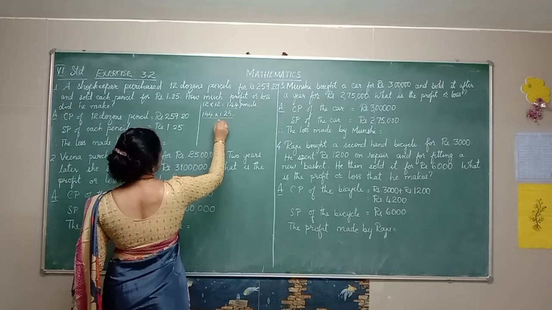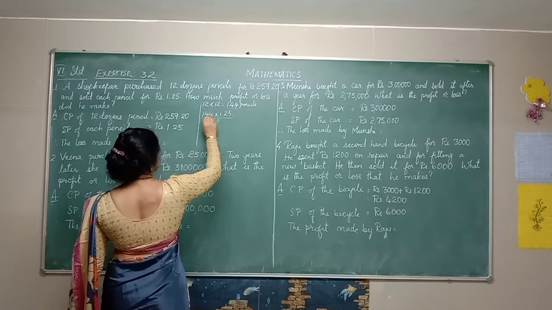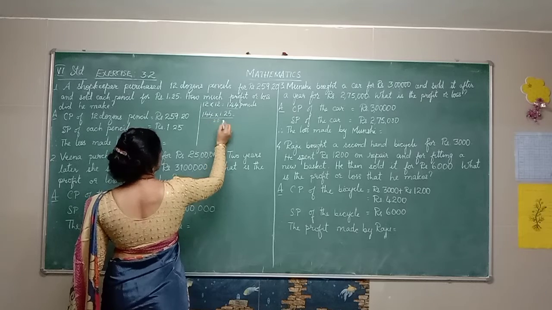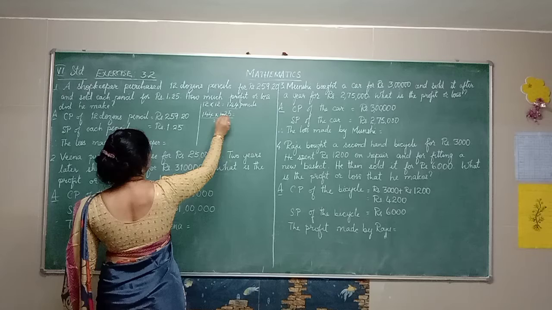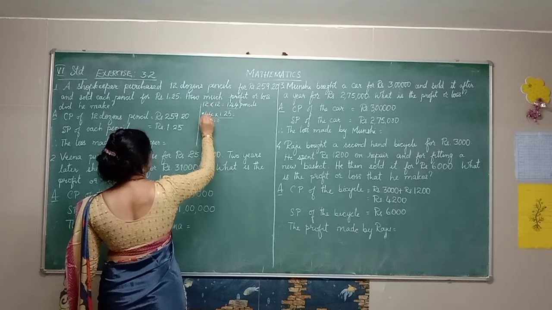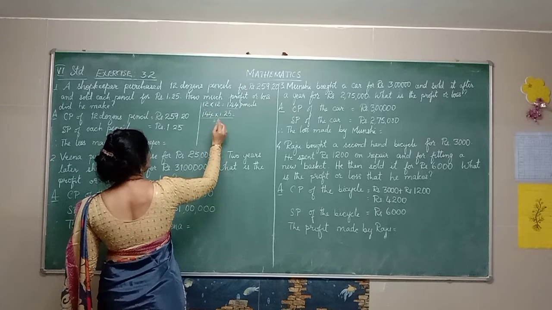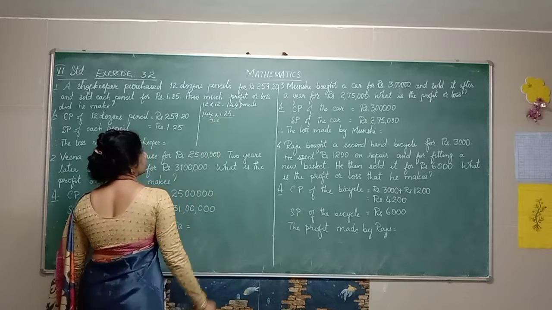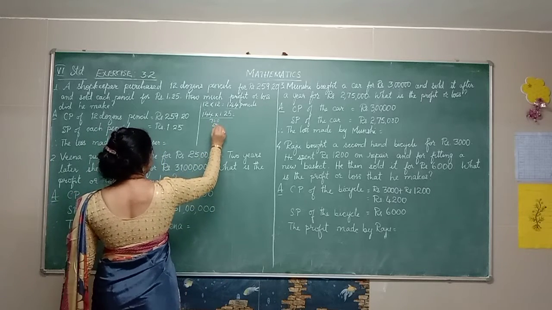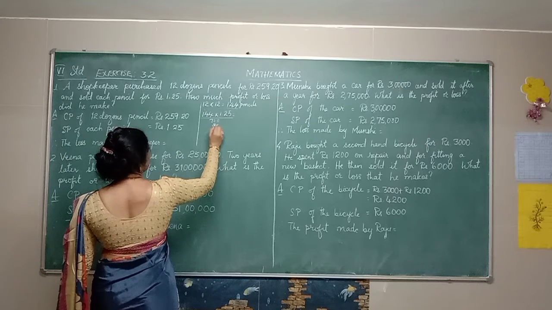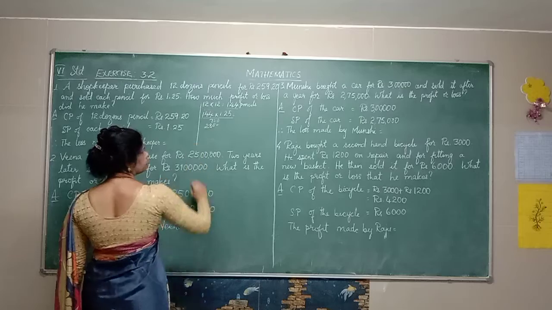So what will be the answer for this? 5 fours are 20, carry 2. 20 plus 2, 22. 5 ones are 5. 5 fours are 20, carry 2. 5 ones are 5 plus 2, 7. Isn't it? Now 2. 2 fours are 8. 2 ones are 2.